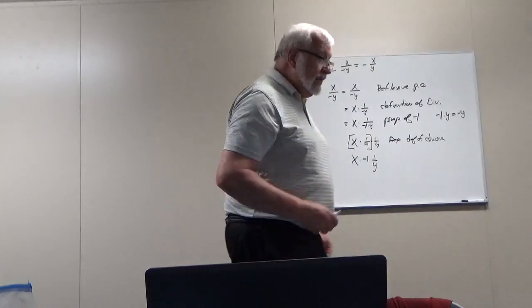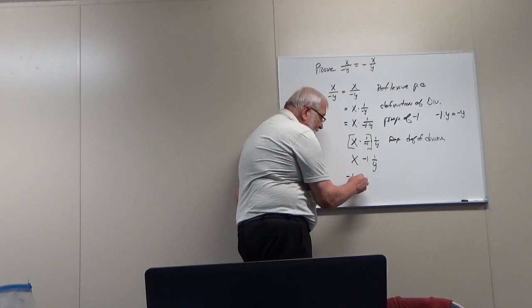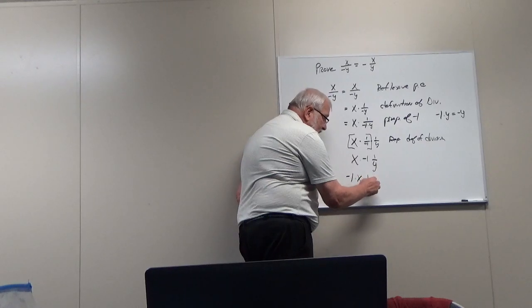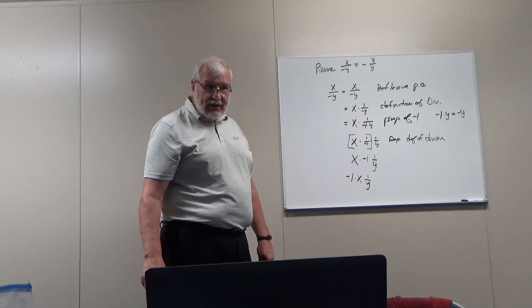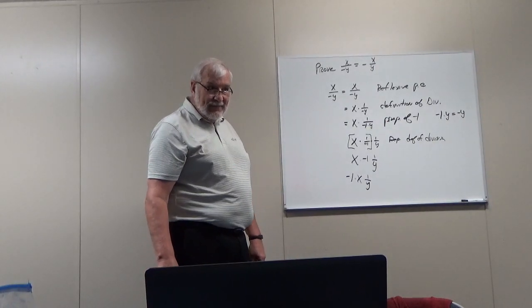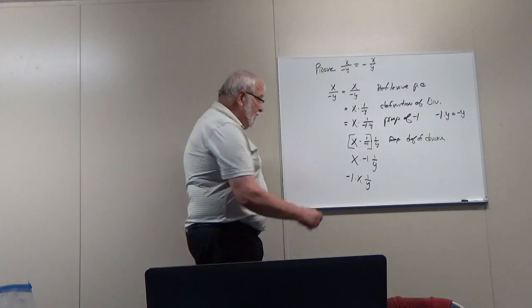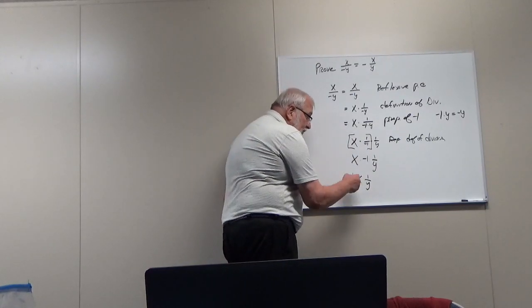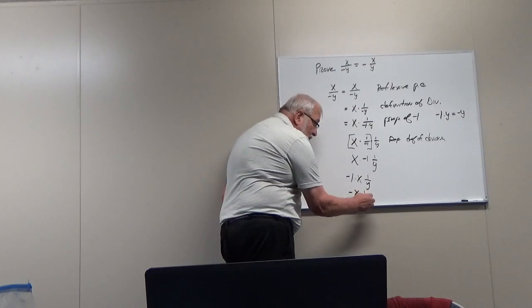What happened? The x was first. Now we're going this way. What allows me to move it is the commutative property of multiplication. And then you get rid of the negative and go negative x times 1 over y.